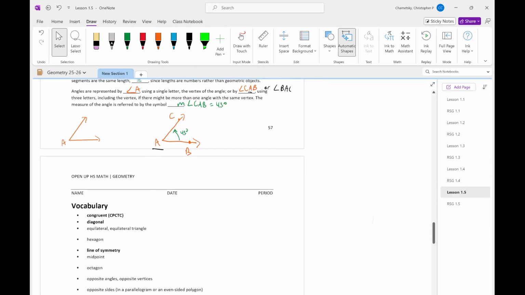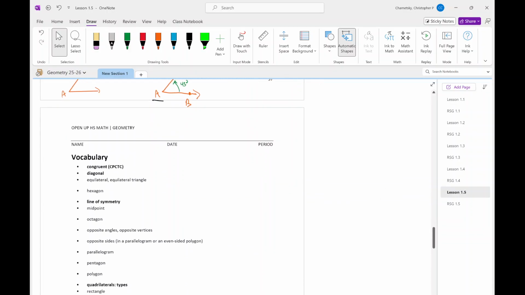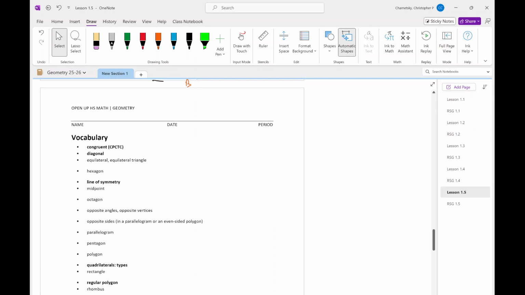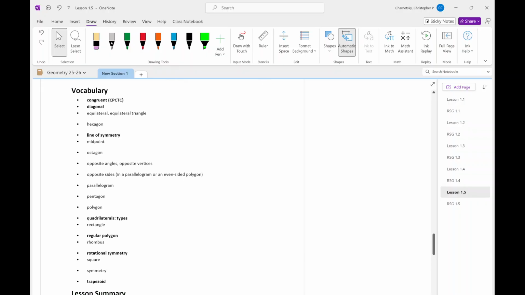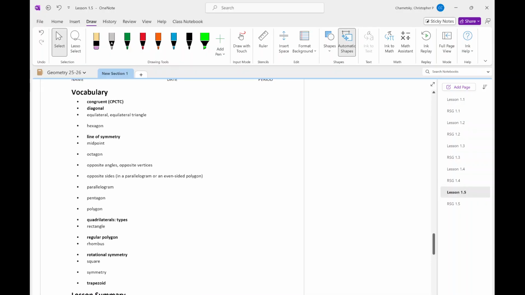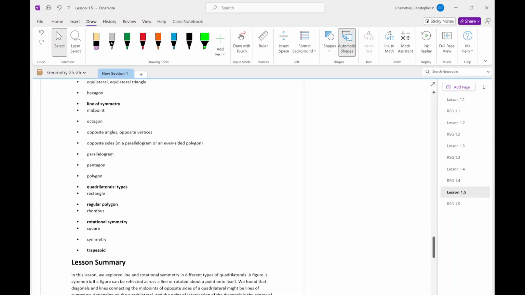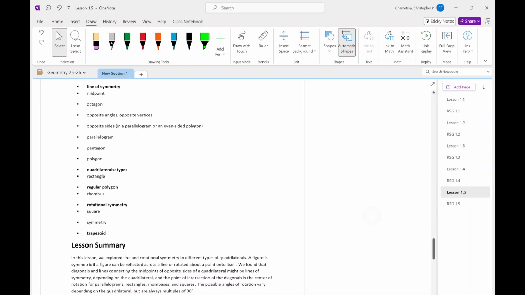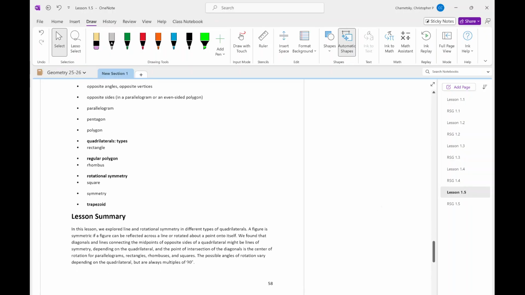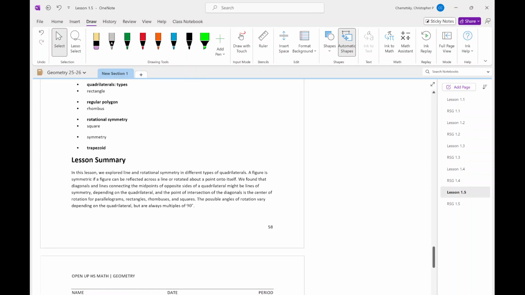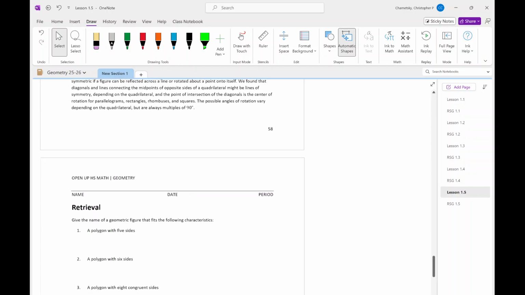Okay, we've talked about congruence, diagonals, lines of symmetry. We identified different types of quadrilaterals. We talked about some regular polygons like an equilateral triangle, trapezoids, rotational symmetry. Let's go to our retrieval.